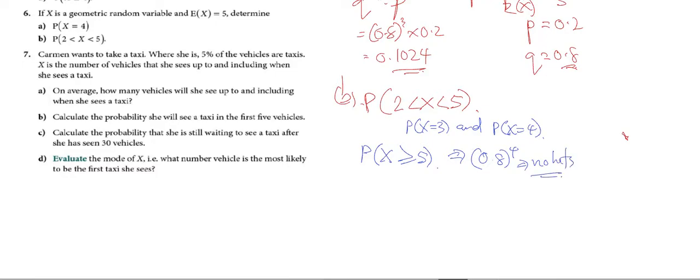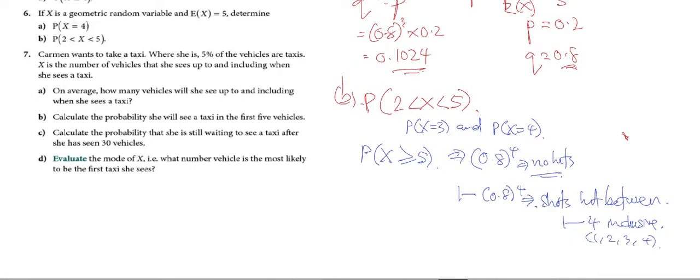We have done this question before. If I take the complement of this, 1 minus 0.8 to the power of 4, it means all the shots that hit between 1 and 4 inclusive, so 1, 2, 3 and 4.